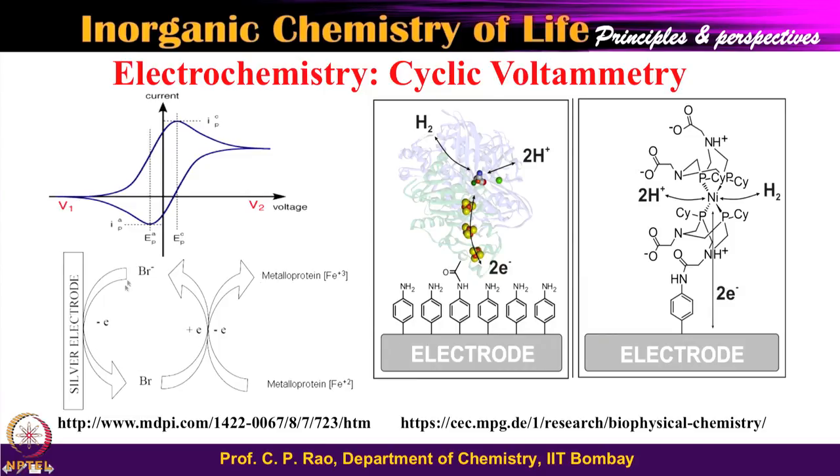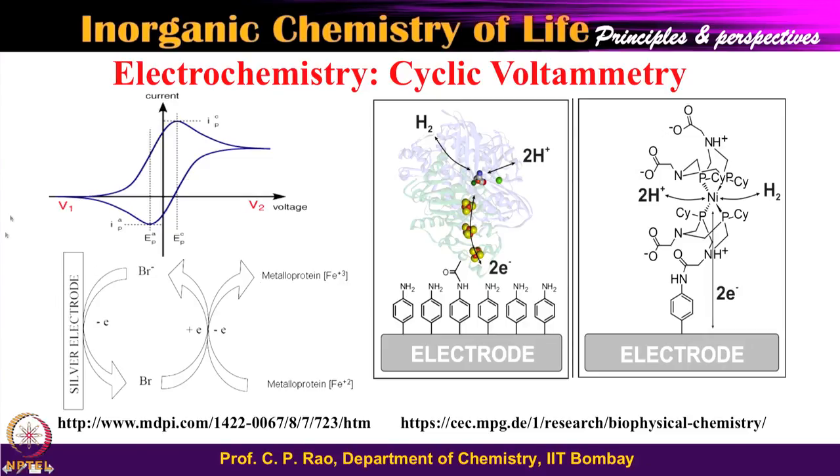Br minus to Br is oxidation, and this oxidation gives away the electron, and this electron will be picked up by the Br, or picked up by this to return back, and in the process it will activate the metalloprotein from iron 2 plus to iron 3 plus. So, it is coupled with this. Everything is coupled to the electrode.